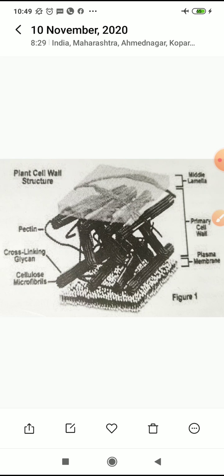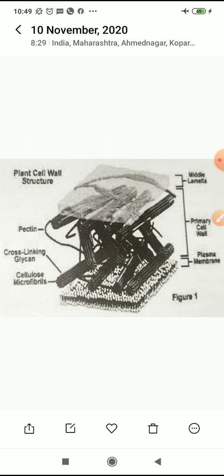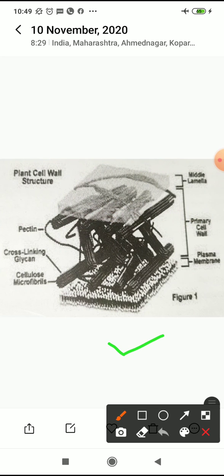Now, cell wall, morphology of cell wall is shown here. How cell wall is made up of. So, the uppermost here, this portion, it shows the middle lamella, which is having cementing substance, pectic substances, they are deposited here.